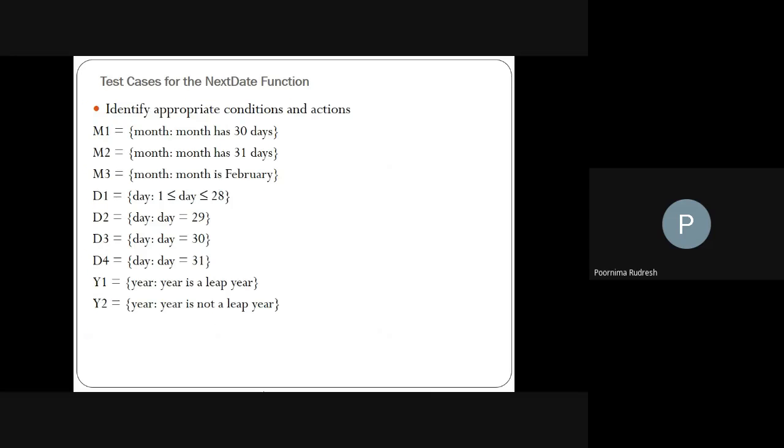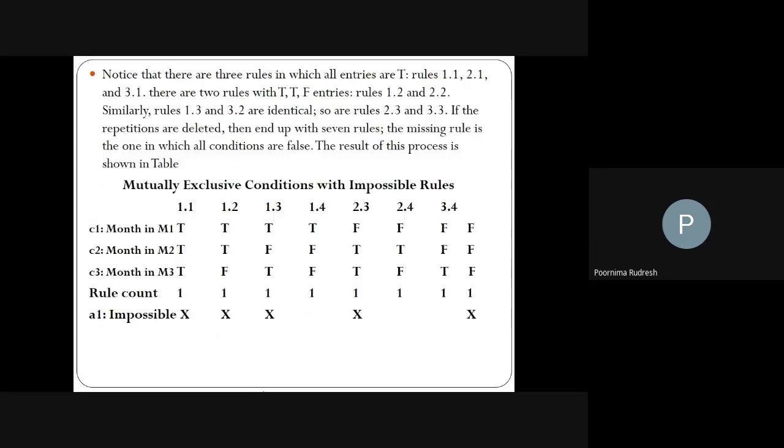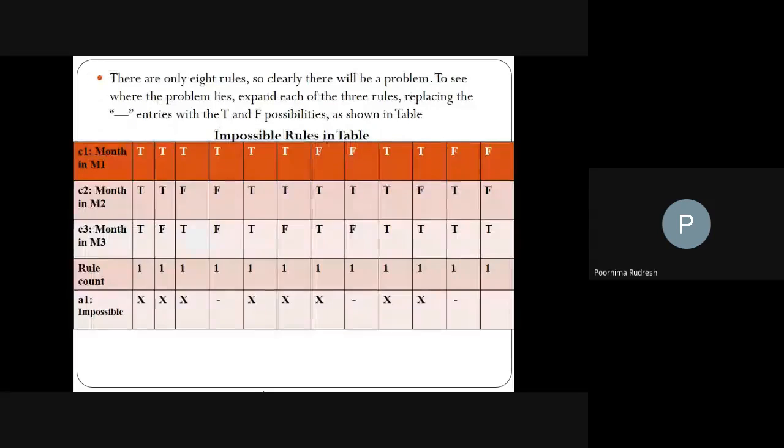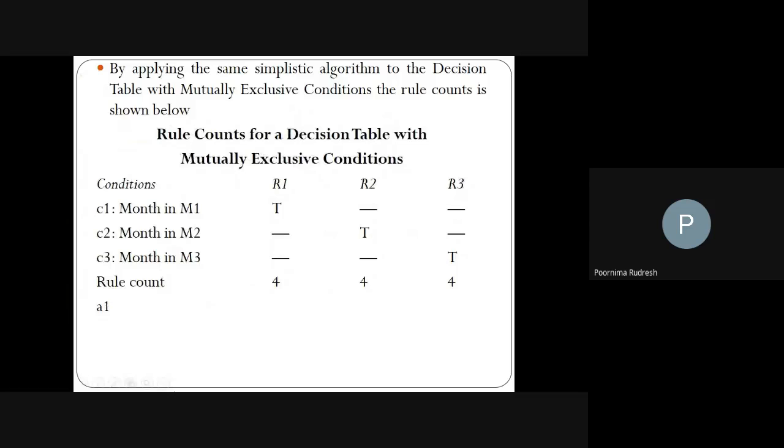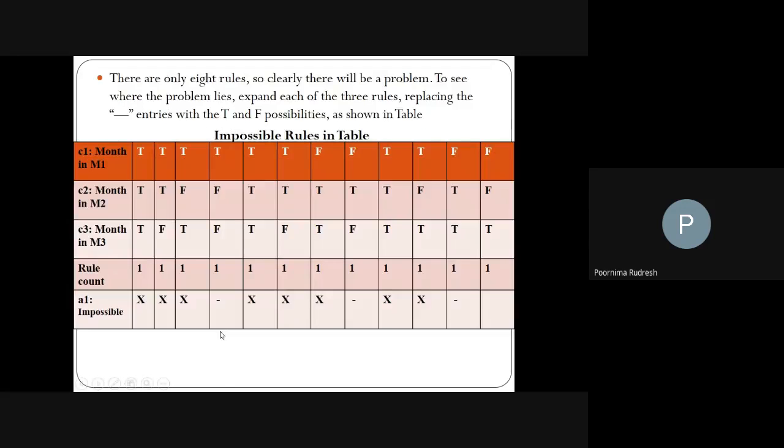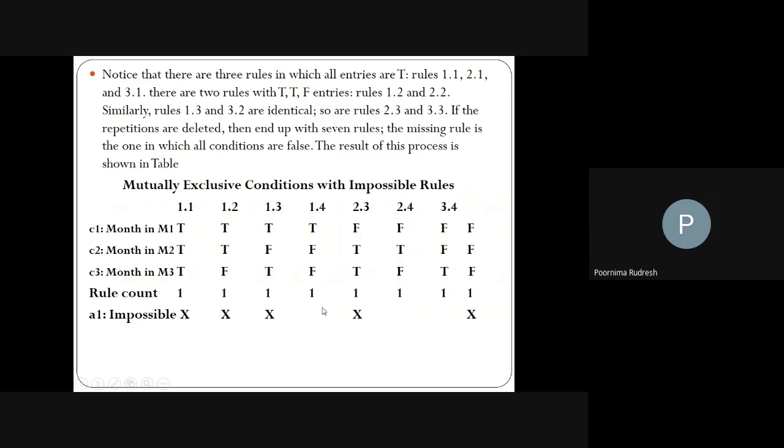Similarly, we can construct the test cases for the next date function by considering the decision table. Here, this is the decision table for the test cases. Here we are considering only the months, whether the month value is true or false, and the impossible cases that you have considered in this table.